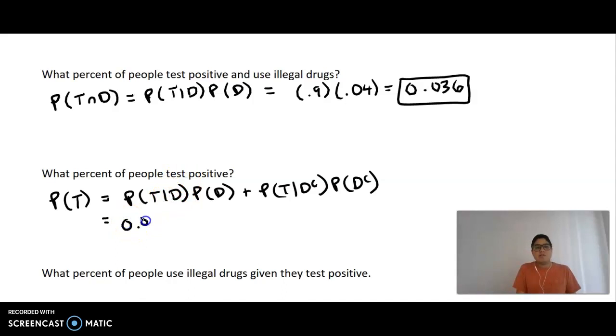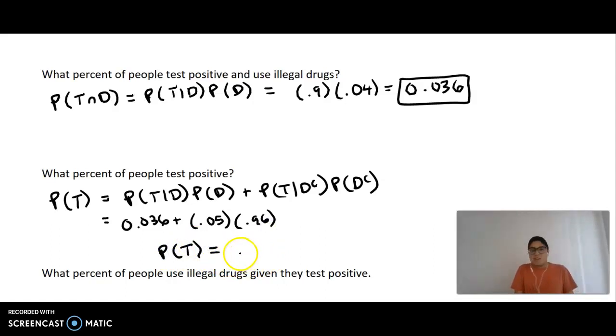That was the 0.036. Plus the next branch here would be that there's a 5% chance that you're going to test positive given you do not use drugs, right? We call that the false positive. The probability of not using drugs is about 0.96. So the probability that you test positive is going to be roughly about 0.084 or 8.4%.